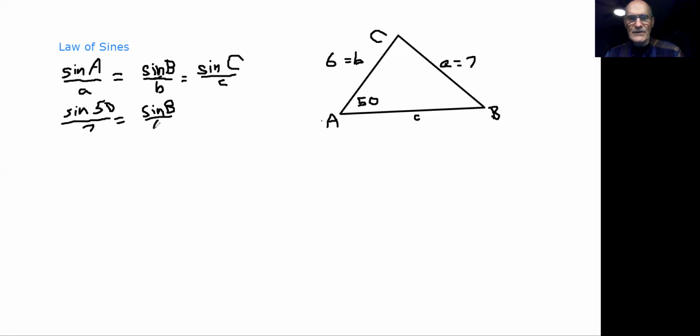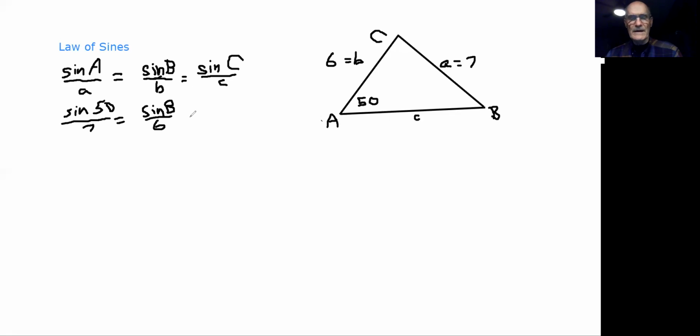If you remember, in a triangle the largest side is opposite the largest angle. I have a 7 here and a 6 here, so since side B is less than side A, angle B will be less than angle A.